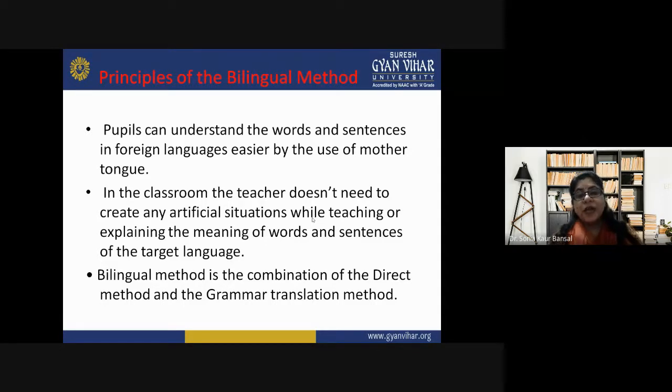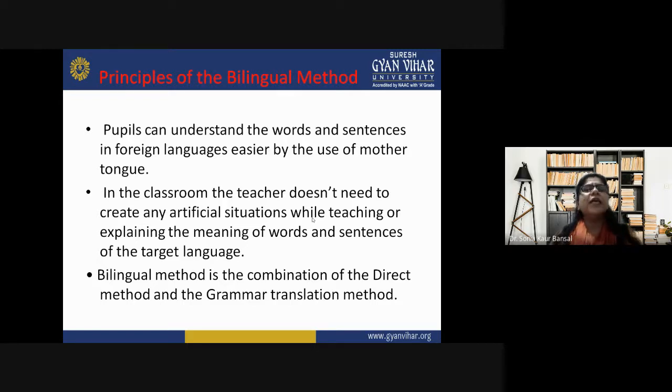In the direct method, we face so many problems that even if the students are not responding, not understanding the clear meaning of anything in the English language, then the teacher has to make some extra efforts, like making some action words, making some drawing on the board, or doing some act in front of the students so that they can get the exact word meaning.